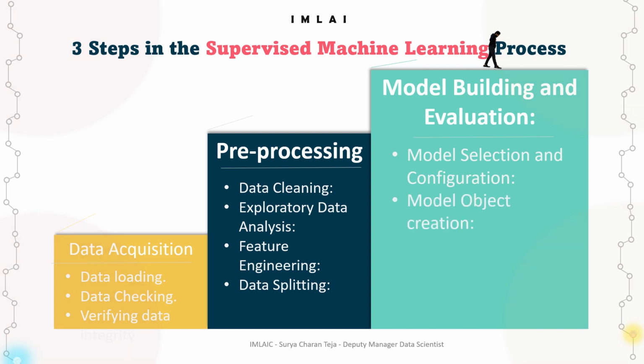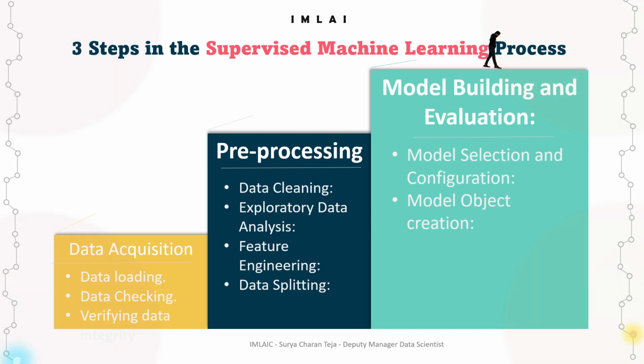Once you have decided on an algorithm, it's time to instantiate a class object. For example, we have sklearn, scikit-learn. From that sklearn library, we call the linear models package.